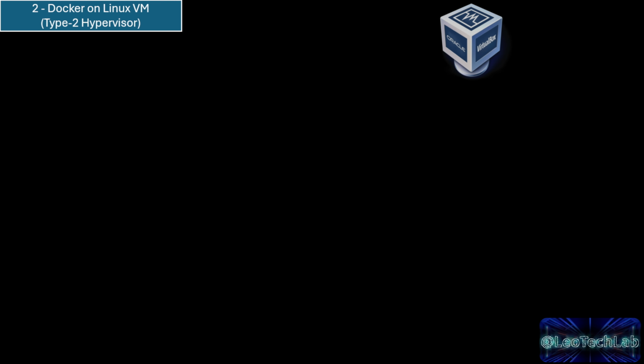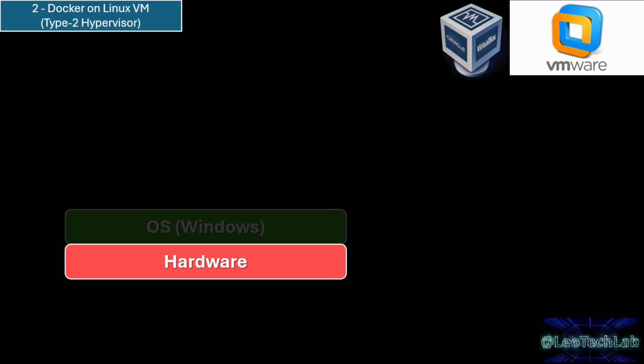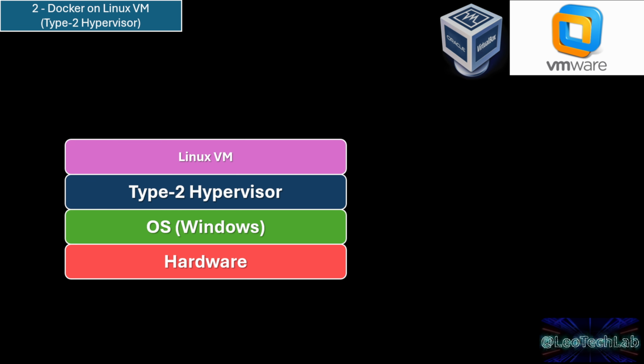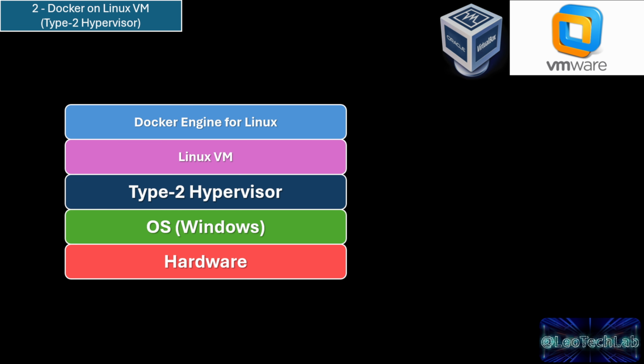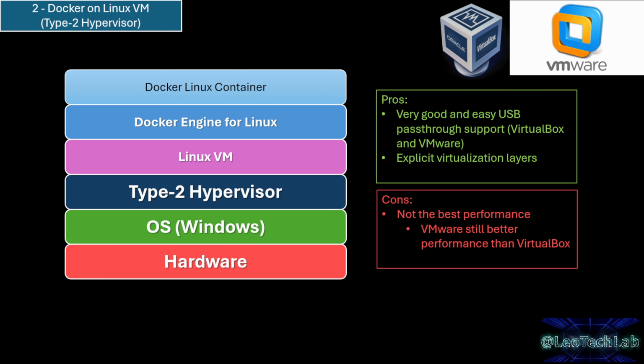Manually install a Linux virtual machine and then install the Docker engine inside it, in order to have access to my USB devices inside the Docker containers in a simpler way. On top of this, the fact that I'm explicitly installing the virtual machine allows me the best of both worlds, knowing how to use containers and knowing how to use virtual machines.